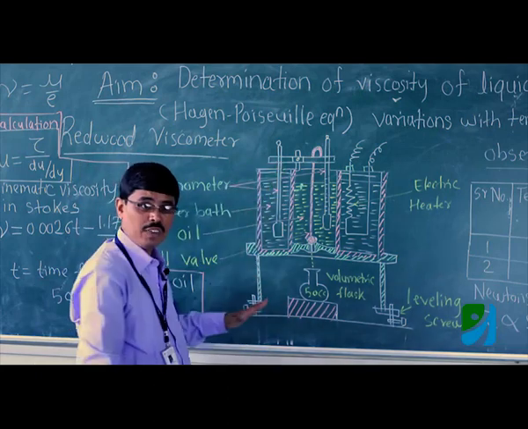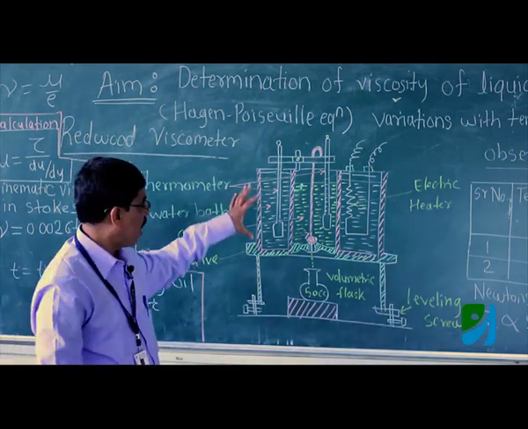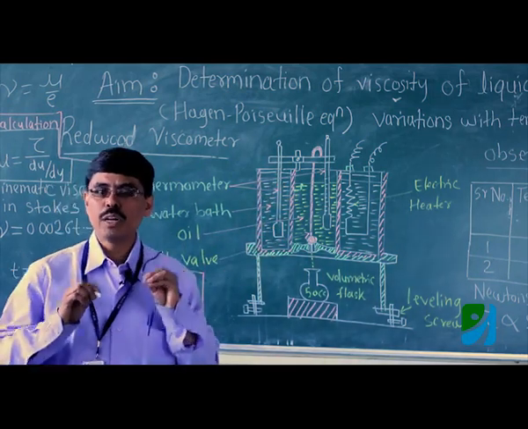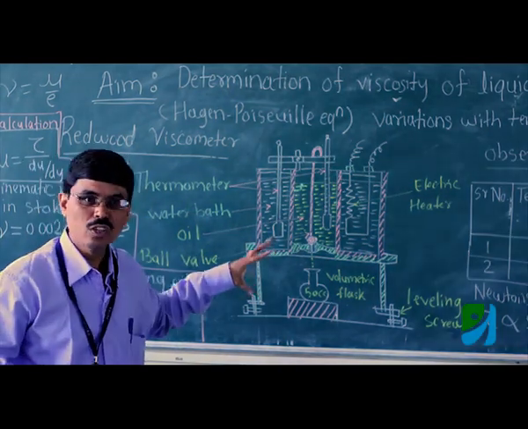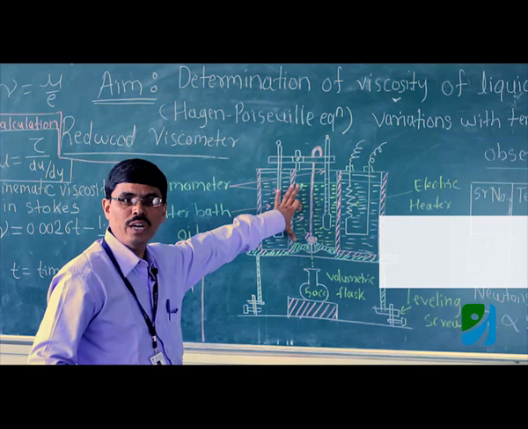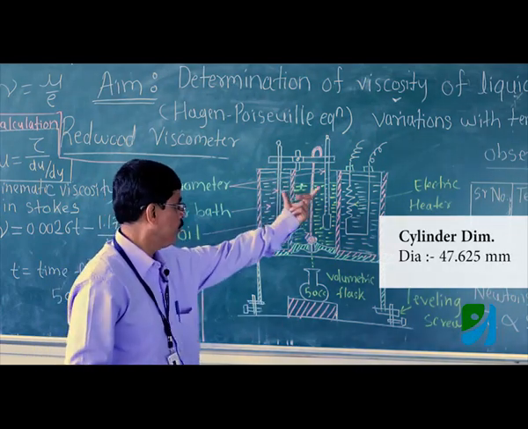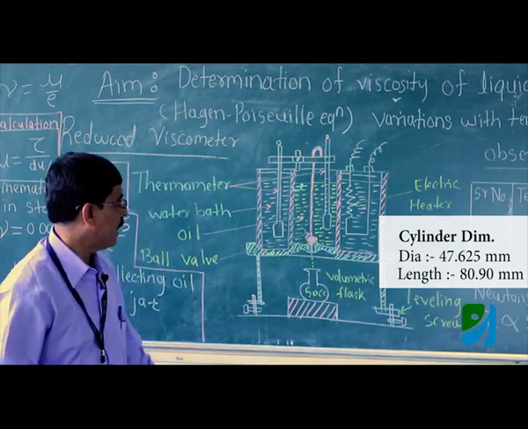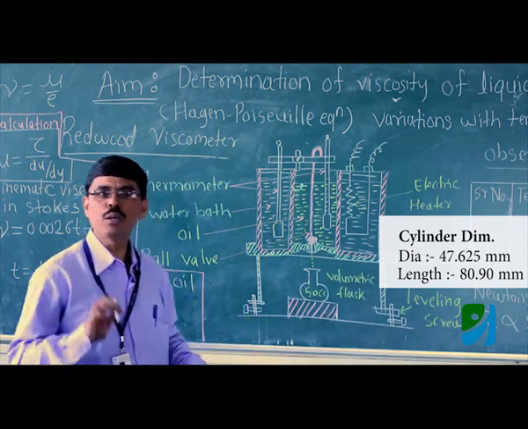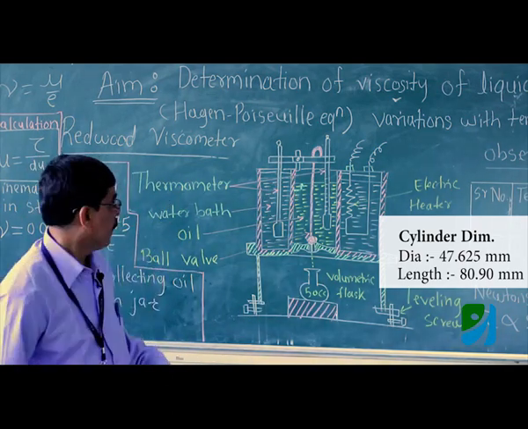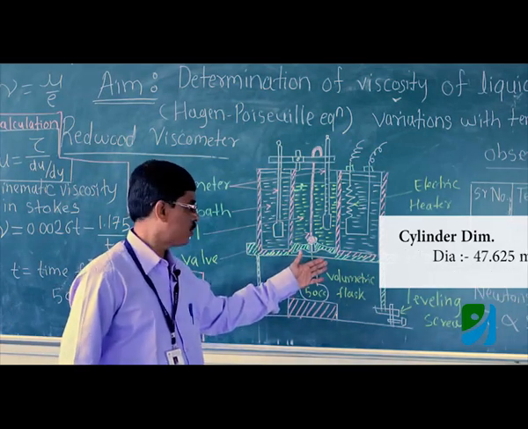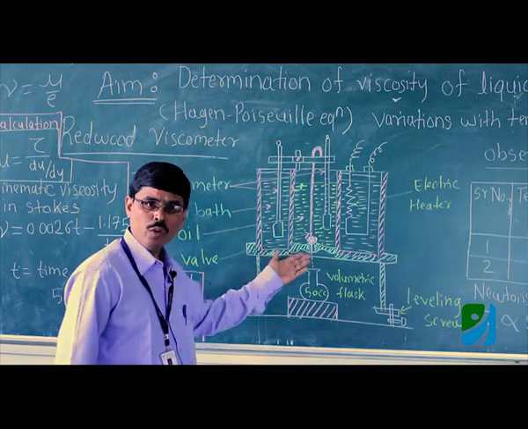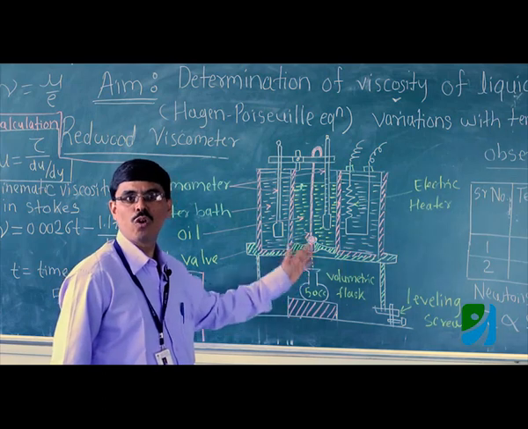As far as the Redwood viscometer is concerned, the dimensions are constant, a particular definite configuration. The diameter of this vertical cylinder is 47.625 mm, whereas its length is 80.90 mm. It carries an orifice at the bottom, and it is open at the top, whereas at the bottom it is concave, but has an orifice for the flow of the fluid.